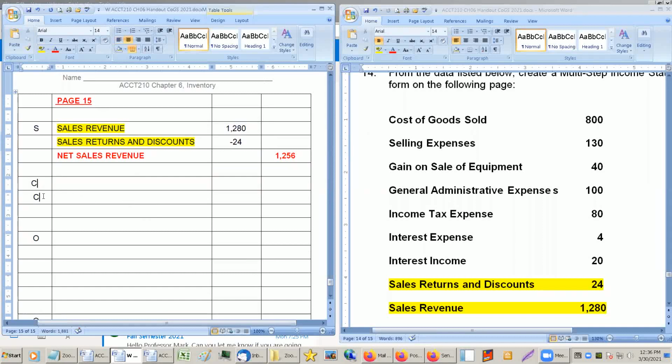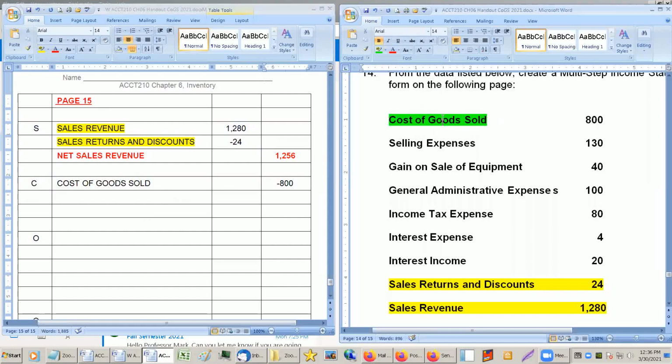So C, cost of goods sold, 800. I think I made that green last time.